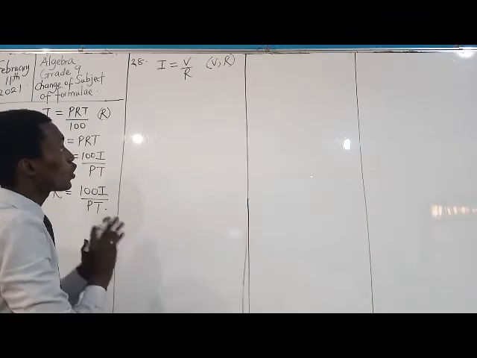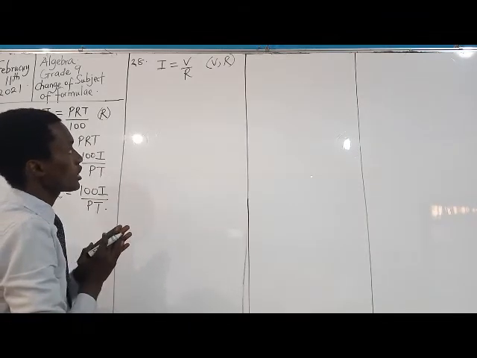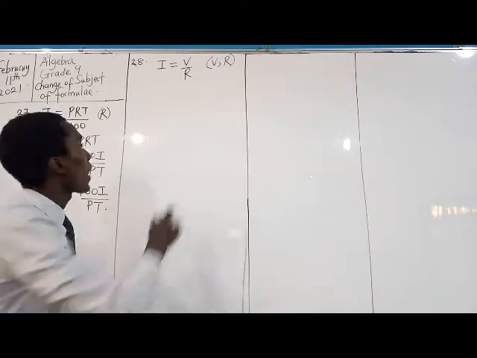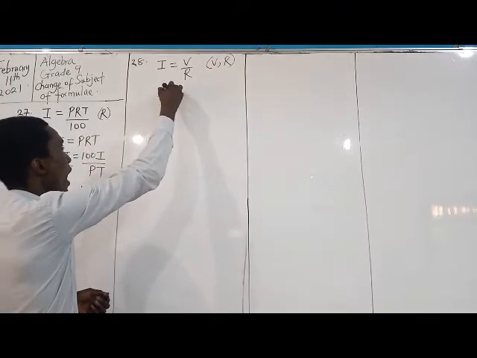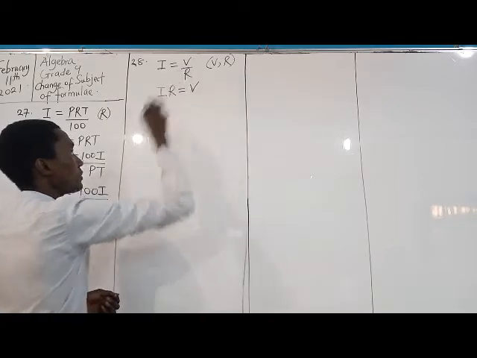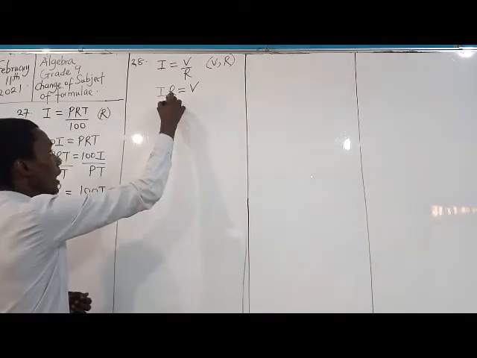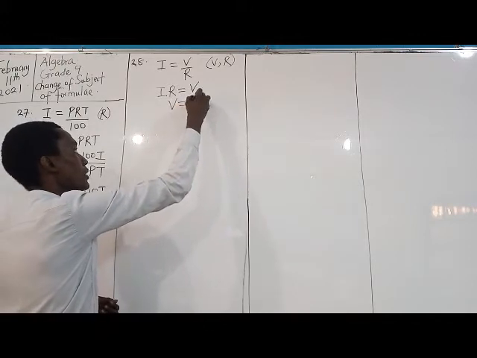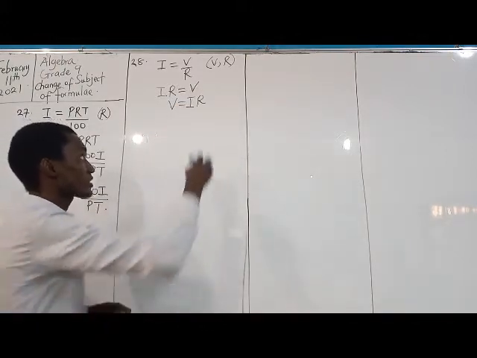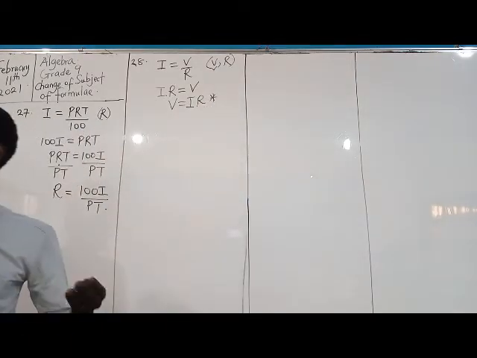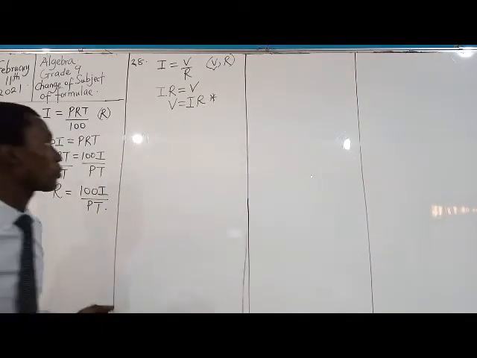The first thing you want to do is to multiply through by R, and that will lead you to have IR equal to V. The next thing you want to do is to rewrite, and that will be V equal to IR. And you discover that that takes care of the first condition, which is making V the subject of the formula.